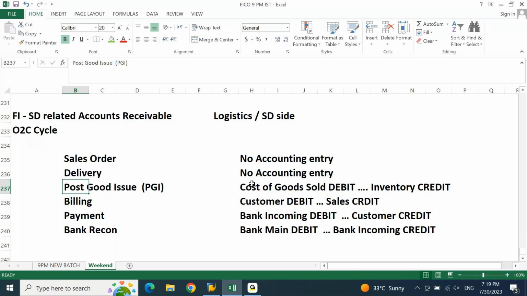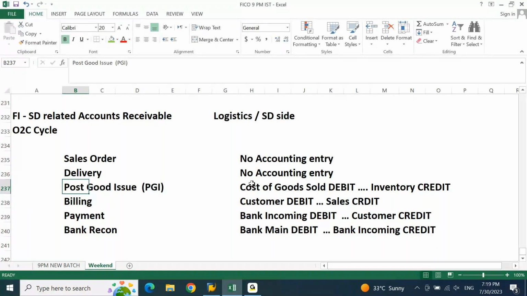Absolutely, sir. For you to reduce the stock, you need to post PGI, post goods issue.